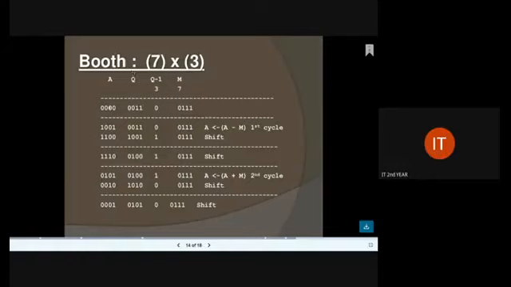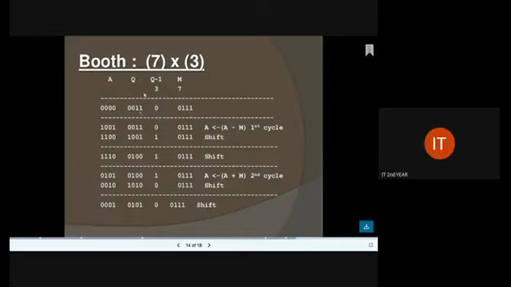That's it. So we will have to count the bit values. M, that is the multiplicand, and Q, the multiplier, both are 4 bit digits. So we are going to make the accumulator as 0 0 0 0. That is, however many digits are there in Q and M, we have to assign that number of bits to the accumulator.